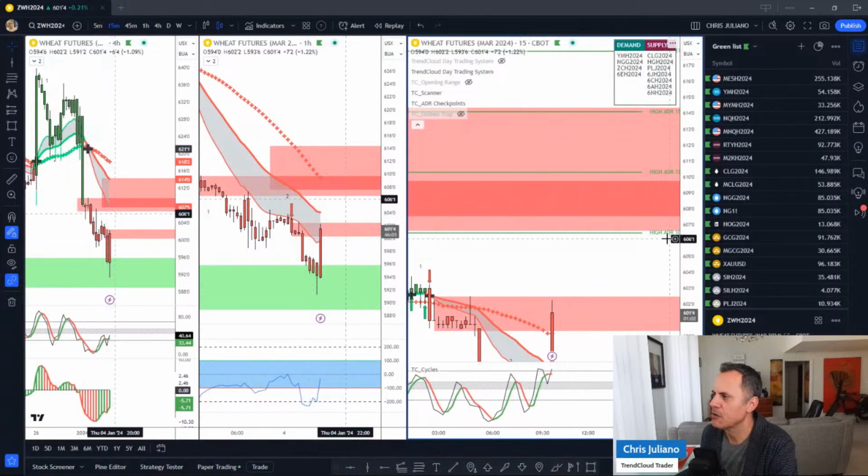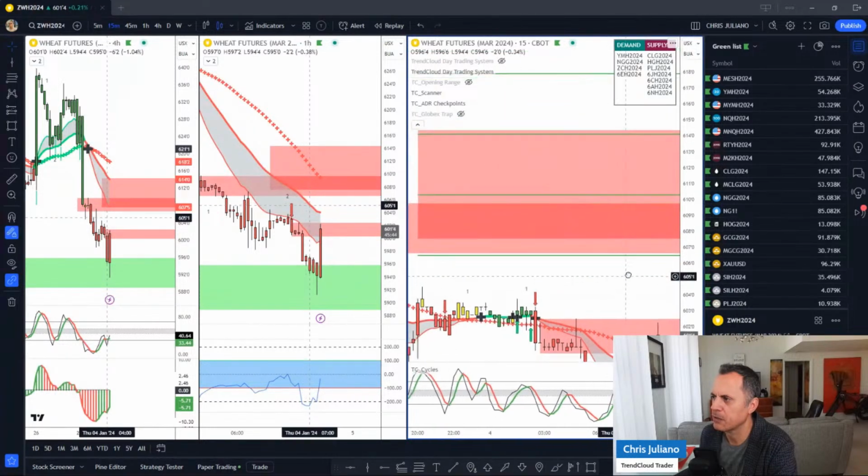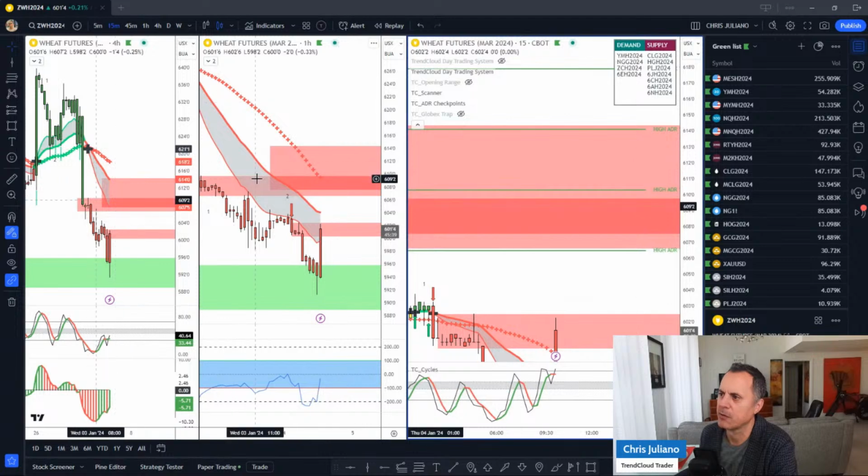And we've got the ADR checkpoint. All right. So if price gets back up to here, and momentum is still strong to the downside, we can take this trade. Remember, wheat is also quite expensive.